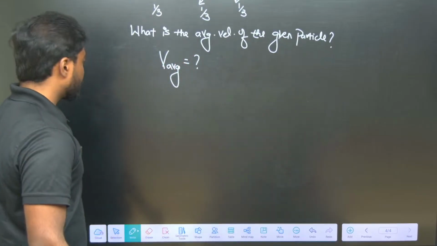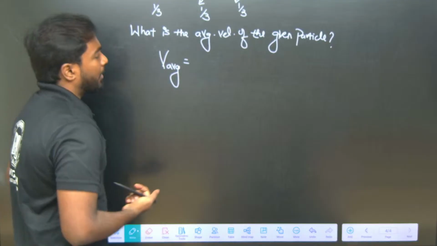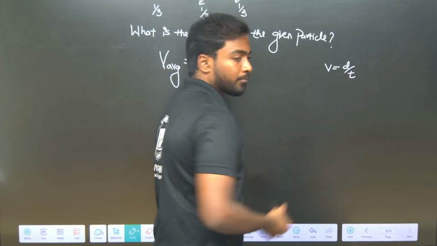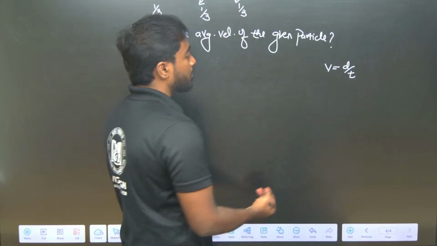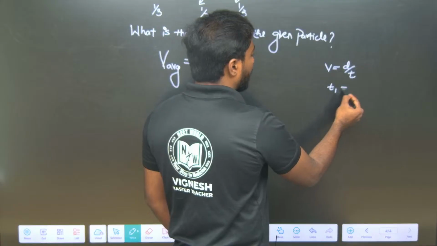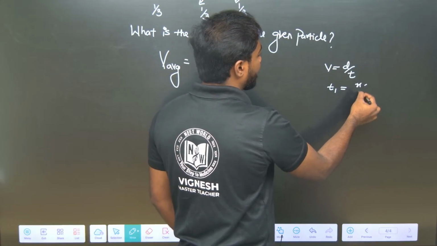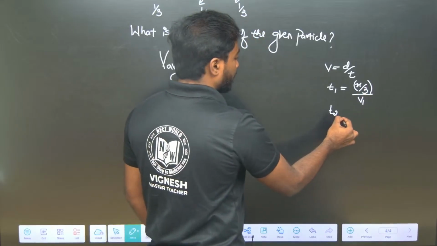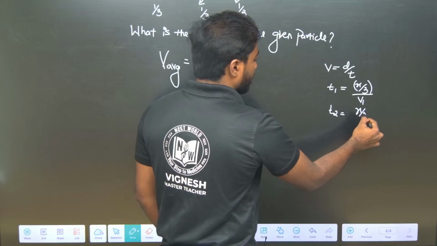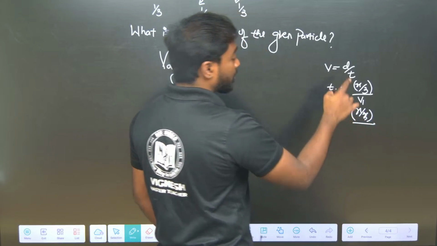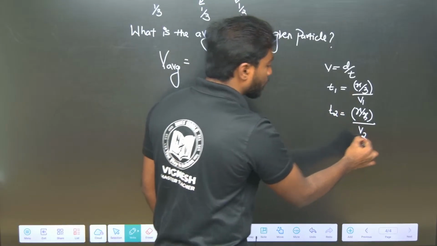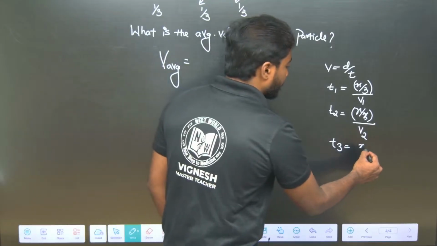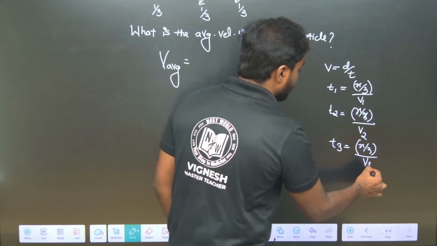Here is the thing. Now we know the velocity formula. Velocity is nothing but displacement by time. At time t1, distance covered is x by 3 and velocity is v1. At time t2, displacement covered is x by 3 and velocity is v2. At time t3, it is x by 3 by v3.